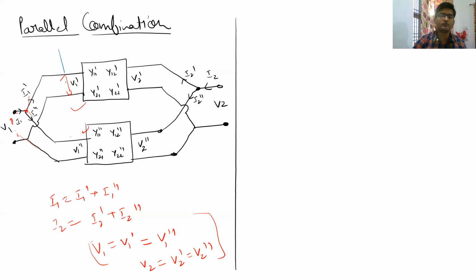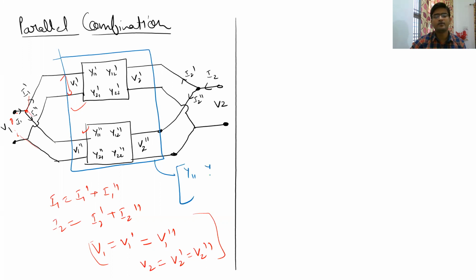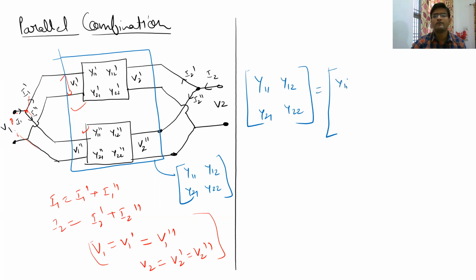So if I assume this whole thing as a single two-port network, whose parameters are y11, y12, y21, y22, we will get y11, y12, y21, y22 as equal to y11 dash, y12 dash.